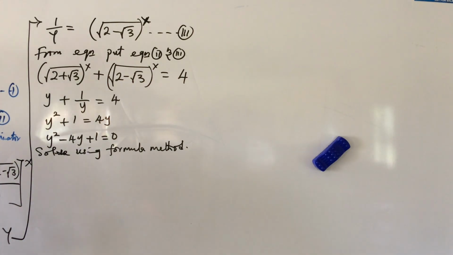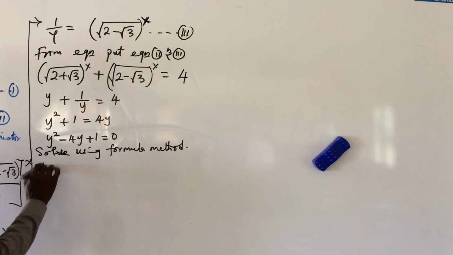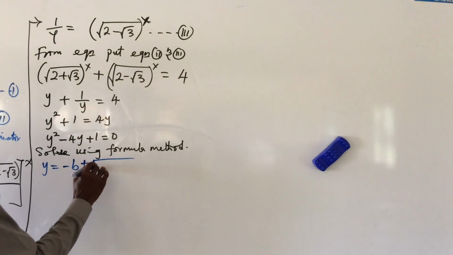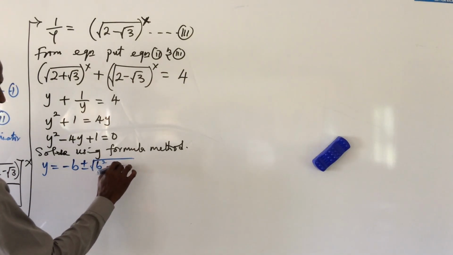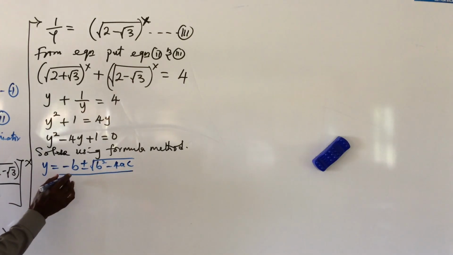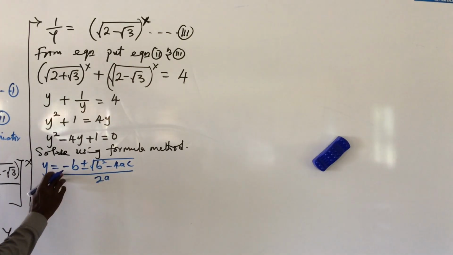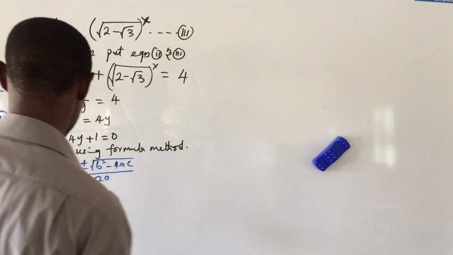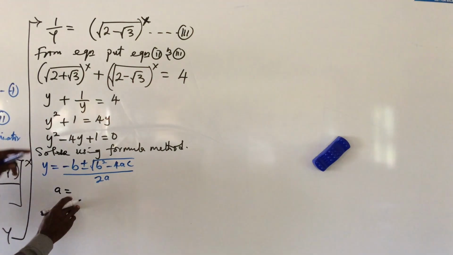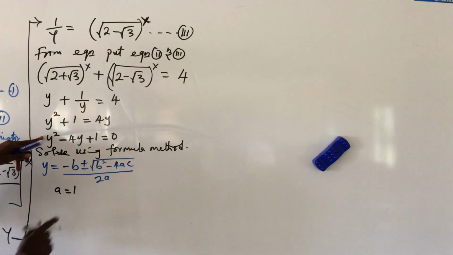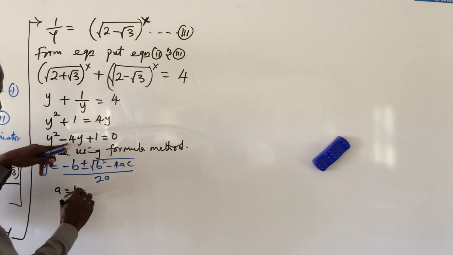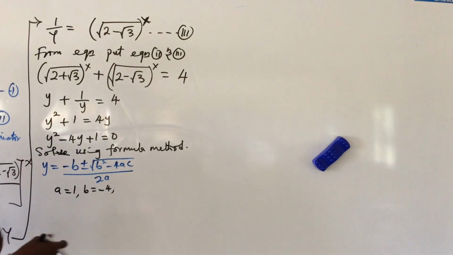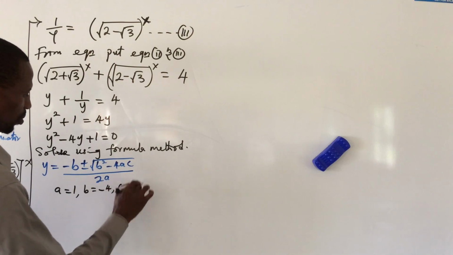The formula says that if you have your y here, from our relationship, we're going to have here minus b plus or minus the square root of b squared minus 4ac all over 2a. Let's go ahead and bring out the values of a, b, c from this. The value of a from here is equal to the coefficient of y squared, which is 1. The coefficient of y here is our b. So b is minus 4. And c is a constant term. So c is equal to positive 1.